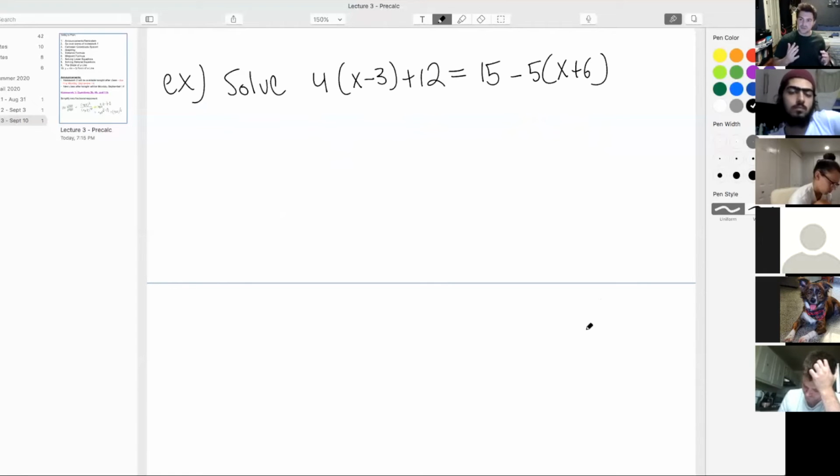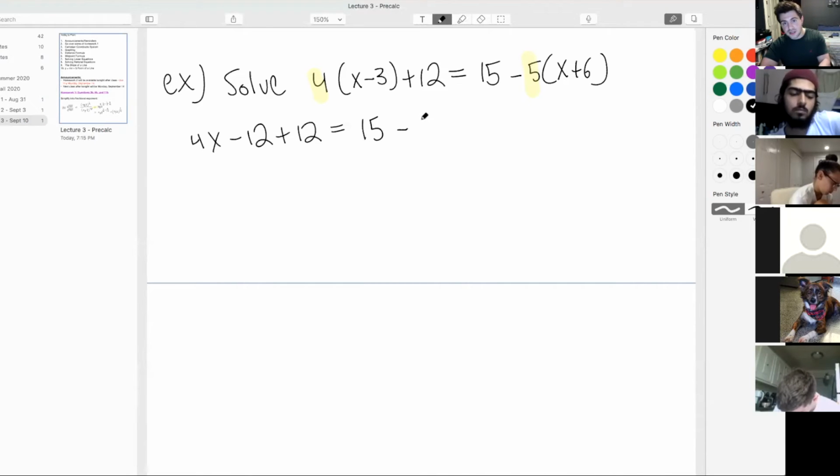We need to do algebra and isolate x. So first let me distribute these numbers into the parentheses, okay? That'll be the first step. So that'll be 4x minus 12 plus 12 is equal to 15 minus 5x minus 30. Okay, this is by distributing.